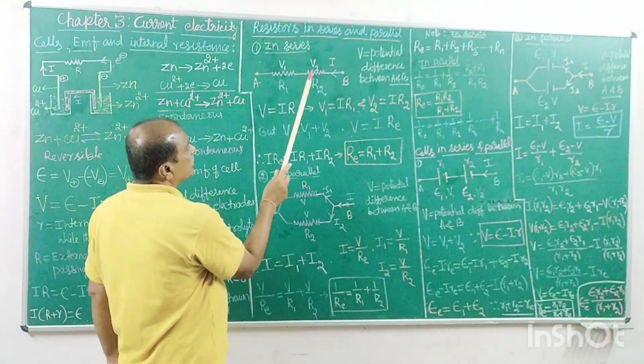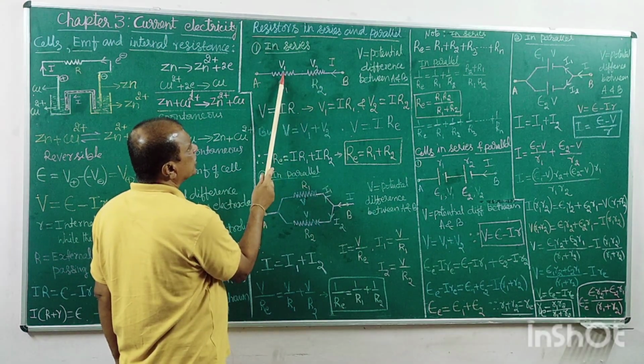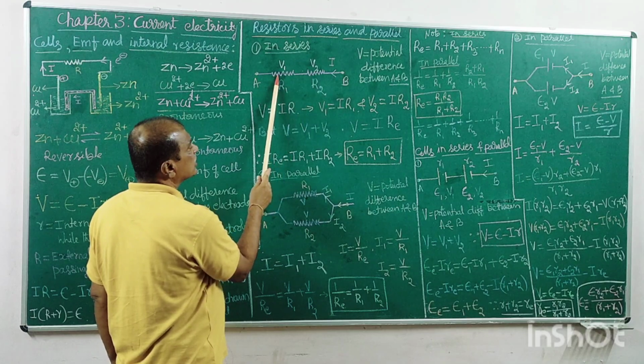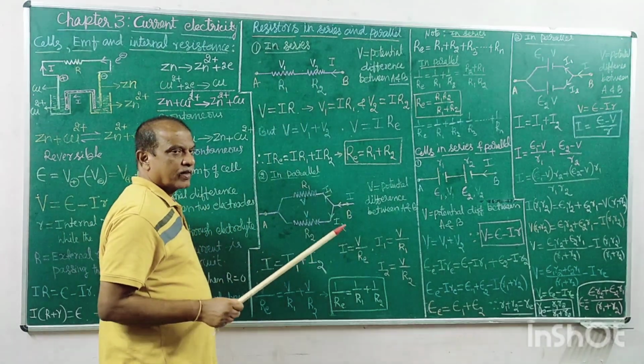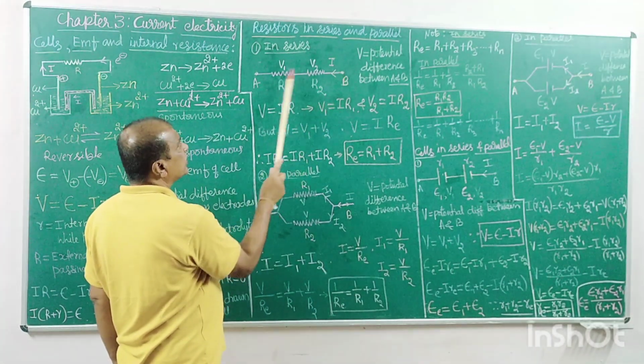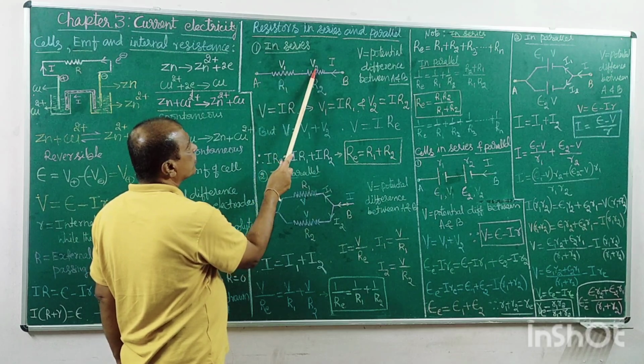What about the potential? Let's say potential at this point, potential at this point. Potential across this resistor, potential across this resistor, which is also called potential drop or power consumption in the form of potential. It is not the same as V. It is different. If you say it is V1, it is V2.